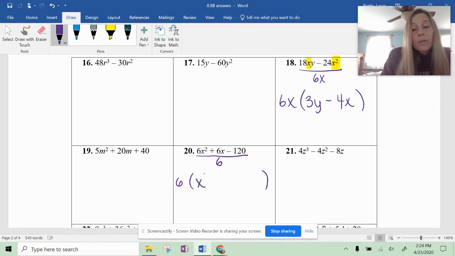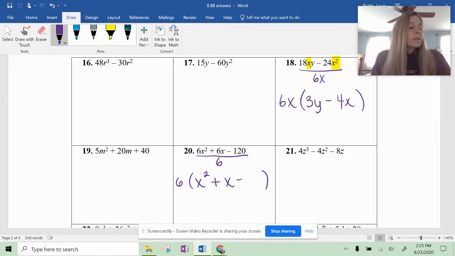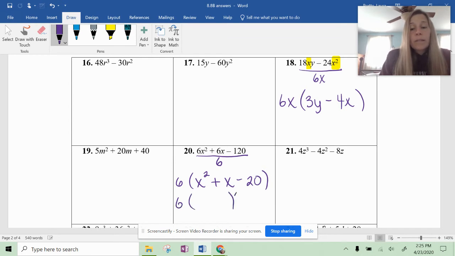So I'm left with x squared plus x minus, and what is 120 divided by 6? 20. Now, anytime you have an x squared, especially with a trinomial, you want to see if you can factor this some more. So what are the two numbers that multiply to get 20 and subtract to get 1? Positive 5 and negative 4. So you'd have to do that extra step there.